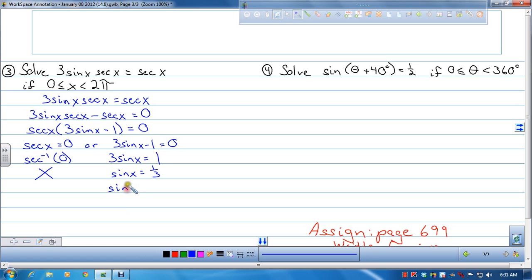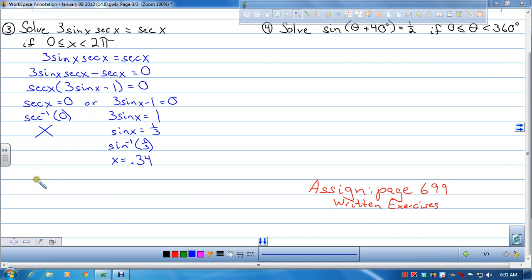So inverse sine of 1/3, and that gives you x is equal to 0.34 radians. Now, what you need to understand here is that is not your only answer.